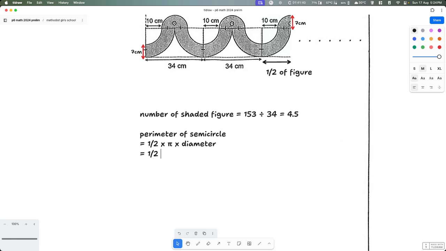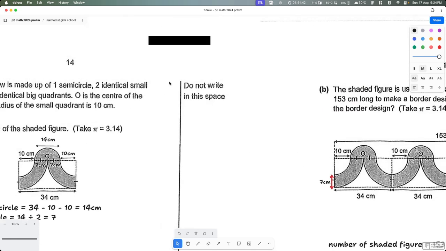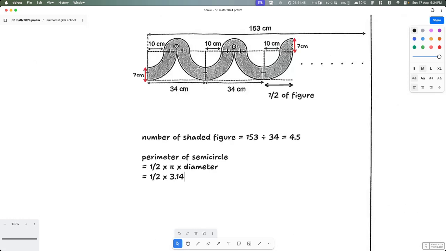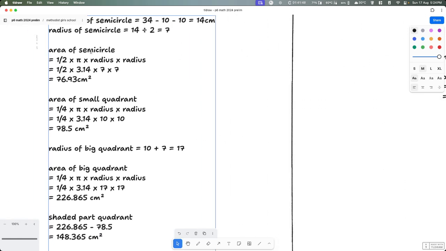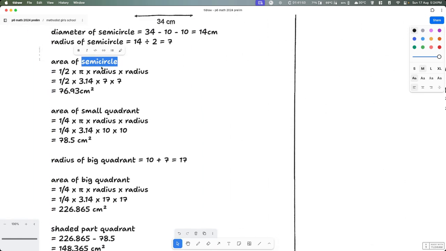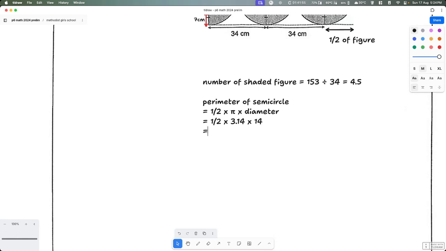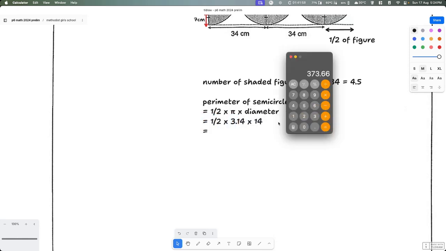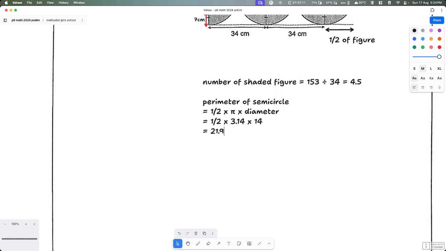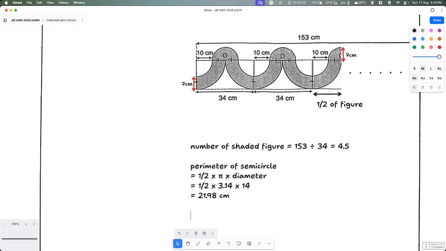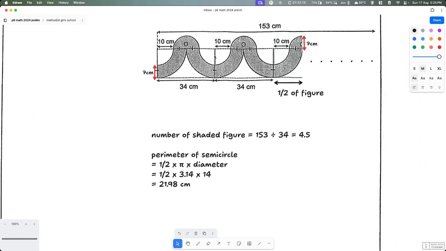So that means half times pi, which is 3.14 again, times the diameter for the semicircle, which in this case is 14 centimeters. So 0.5 times 3.14 times 14, and this gives you 21.98 centimeters.